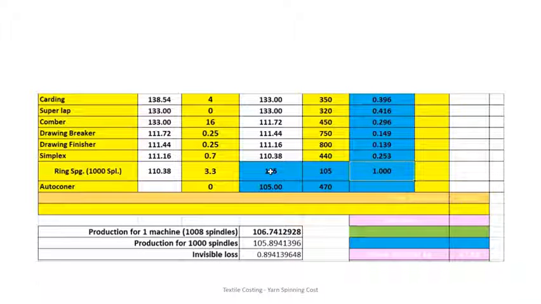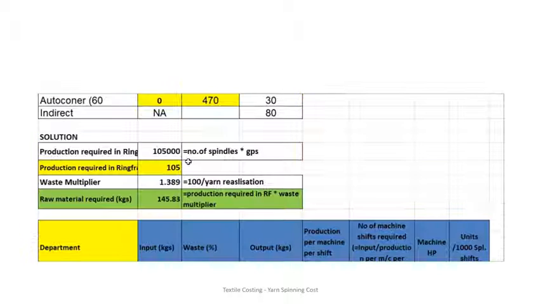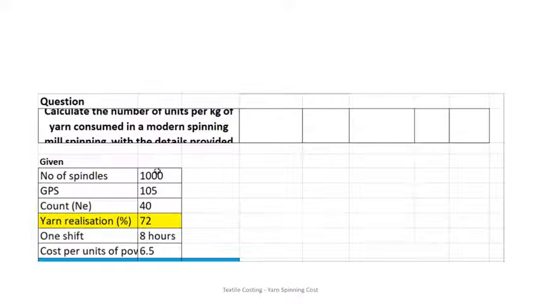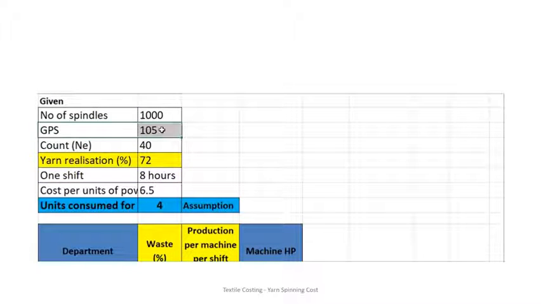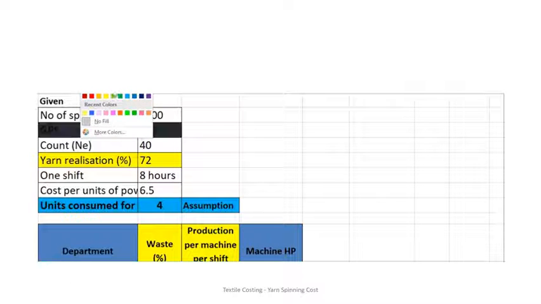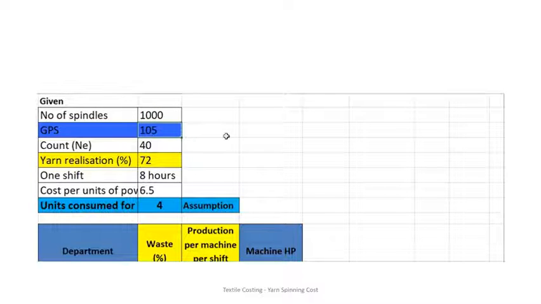Ring frame, as I already said, is already highlighted in blue. Here you should not calculate anything. These things have to be totally removed, and you have to directly put the required production, which is the GPS, because we are calculating everything for this GPS.